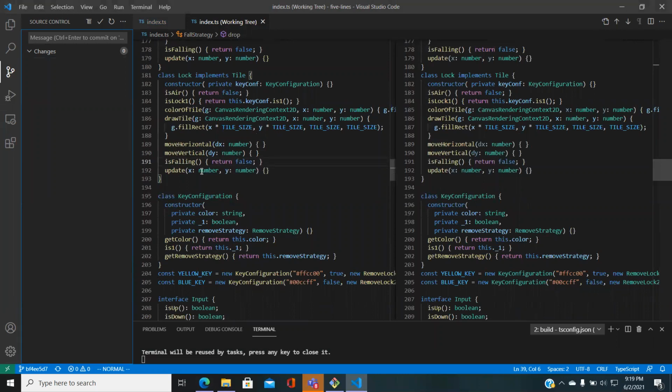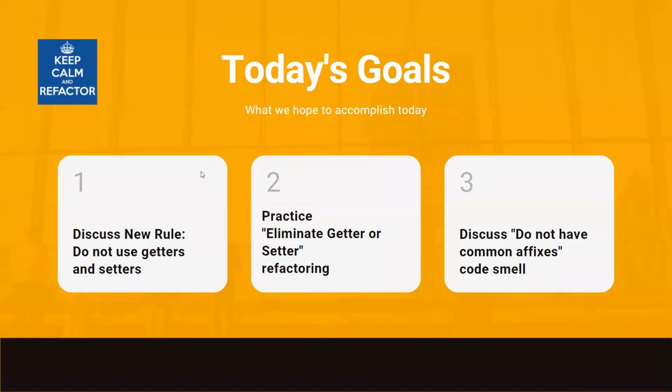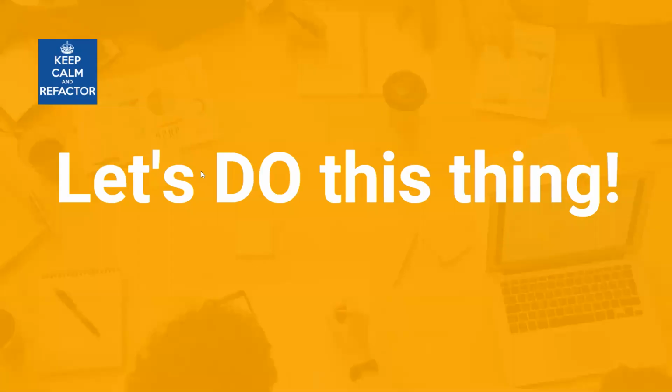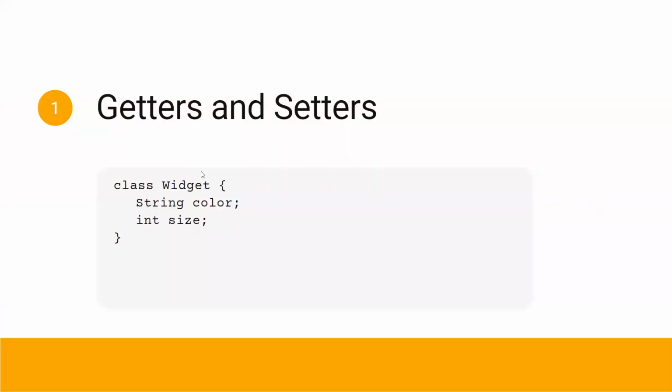So what's the point of not using getters and setters, and what's that all about? Okay, well, so we look. The thing about getters and setters is it's a code smell, frankly.